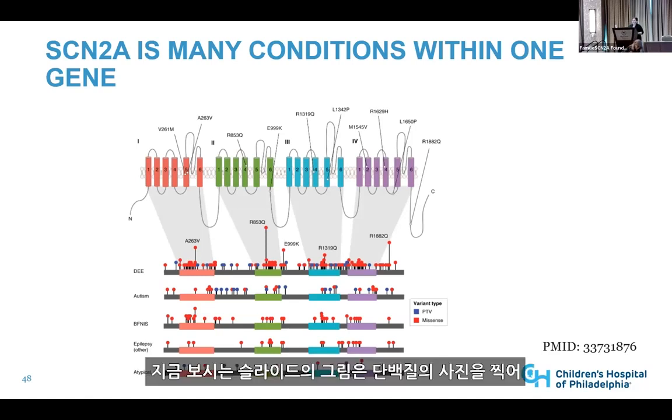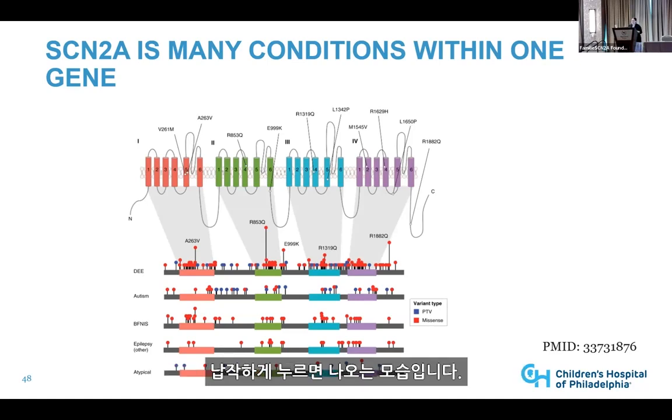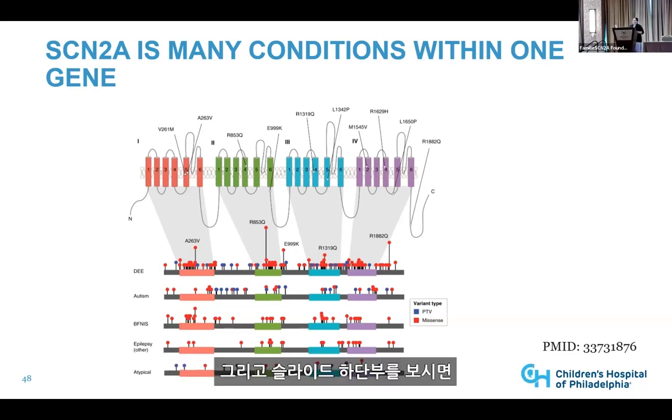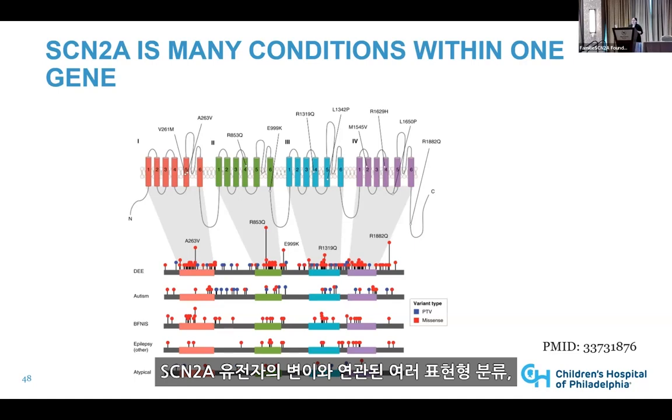So what this slide is showing is if we took a picture of the SCN2A protein and we flattened it out, this is what it would look like. And there are arrows that show different spots throughout the protein where changes have been reported before. And in the bottom half of the slide, you can see different phenotypic categories, or different groups of types of presentations that we can see associated with variants in the SCN2A gene.